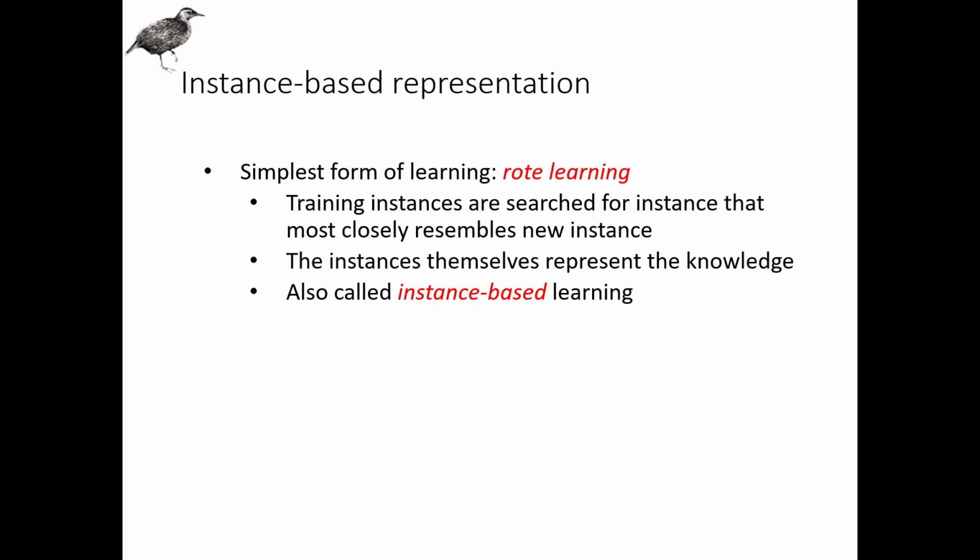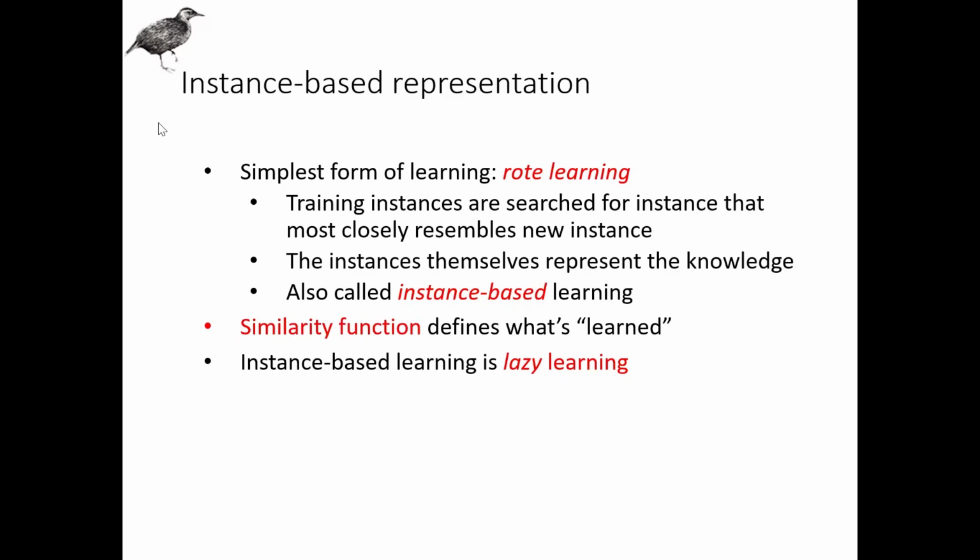That's why we say the classifier name is instance-based representation. So what happens here? We will select something called a similarity function, and that function will define what is learned. This is known as lazy learning because there's no training, but then again, you test and debug. The instance-based learning algorithms are nearest neighbor and k-nearest neighbor.